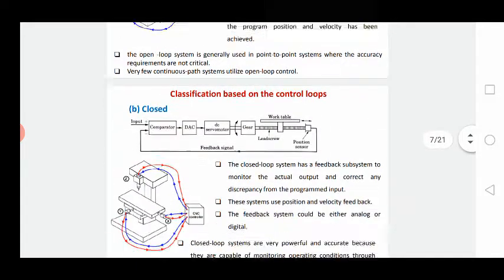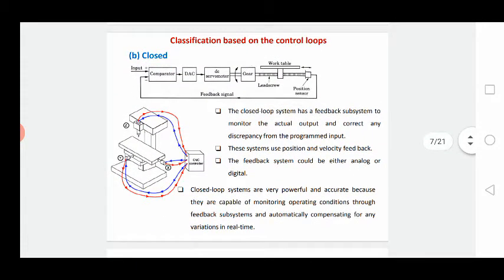Next comes the closed loop control system. It is exactly the same as the open loop, with one thing added: the feedback signal. We get feedback on whether the given commands are accurately working, whether actuated or not, and whether the machine is working exactly with the program or not.